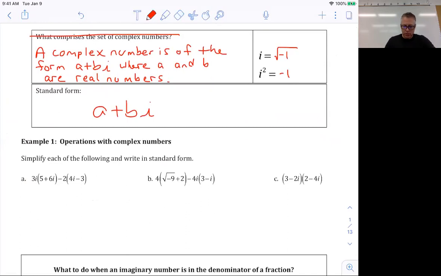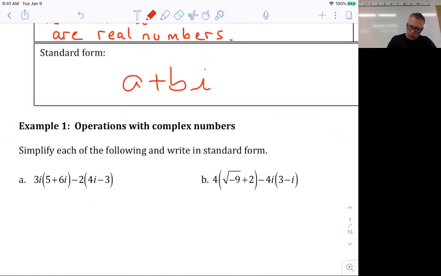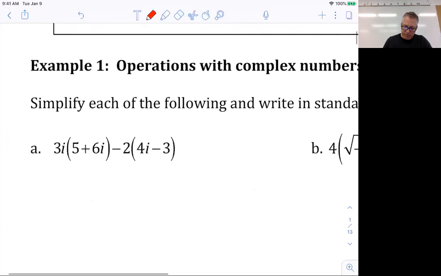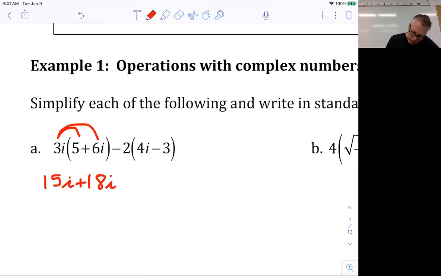So even though I said i is not a variable, and it's not, it doesn't vary, it follows algebraic principles like variables. So for example, when we are trying to simplify this, I'm going to distribute 3i, I'm going to do 3i times 5 and 3i times 6i. So that's going to give me 15i plus 18i squared.